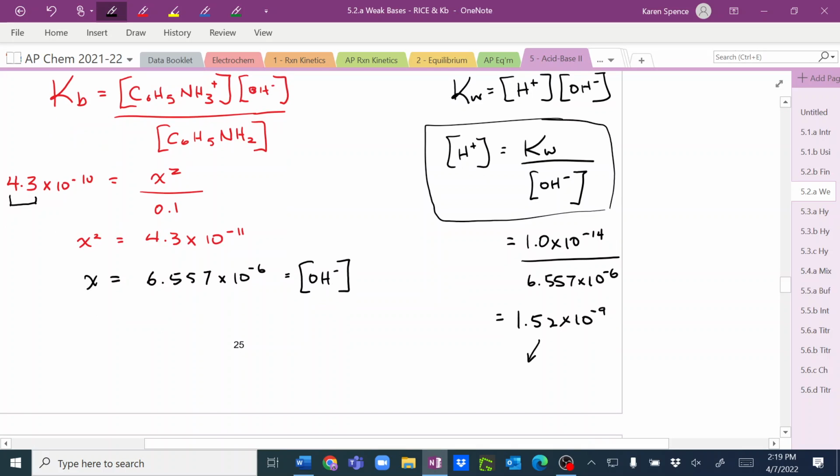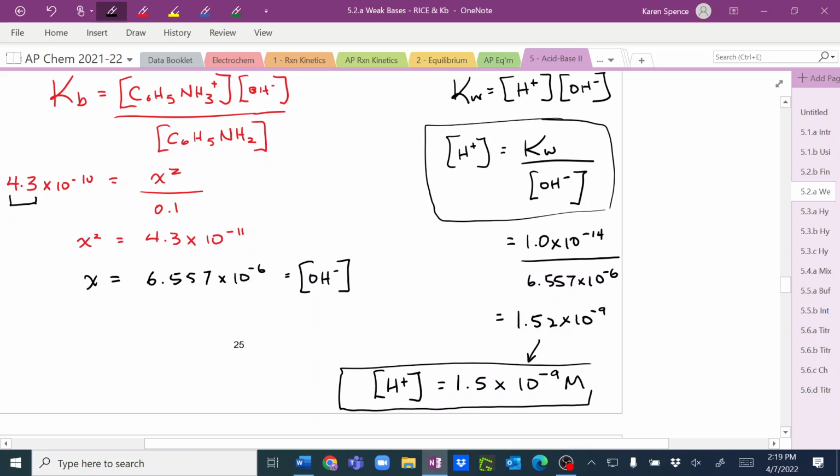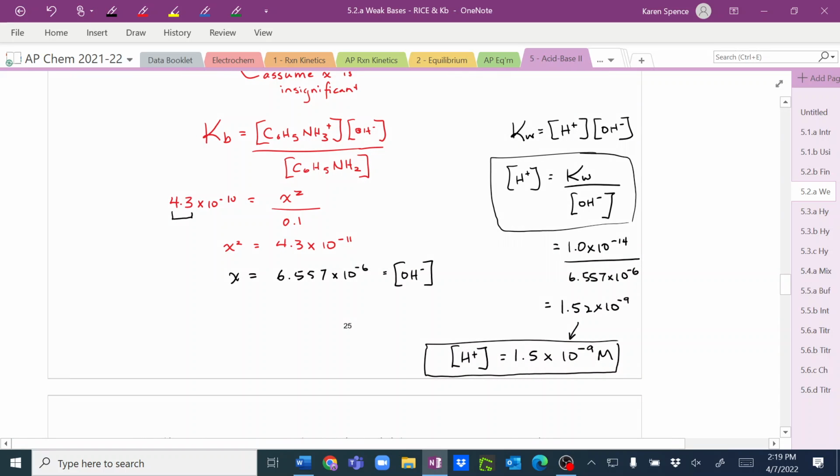So that would then become 1.5 times 10 to the minus 9 molar, and that is our hydrogen ion concentration. See how this was a review, because the Ka stuff is exactly like the Kb stuff, we just use a Ka instead of a Kb.